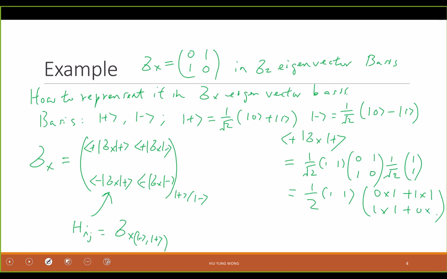Am I correct? So what is this? 1, 1 times 1, 1, right? So this is equal to 1 over 2, 1 times 1 plus 1 times 1, right?